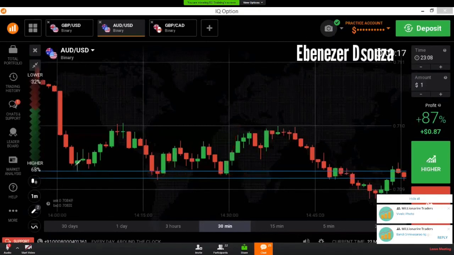Here the candle closed at the level, a rejection buyer's entry. The candle closed at the level, weak seller's entry and again a strong buyer's entry. The candle closed at the level, buyer's entry. Now the candle closed at the level, we are seeing still a seller's entry. There is no buyer's entry.